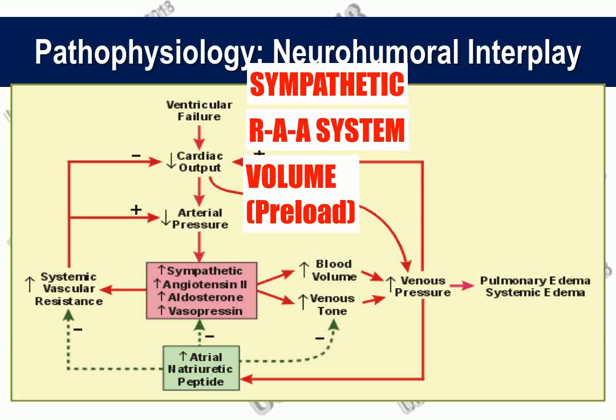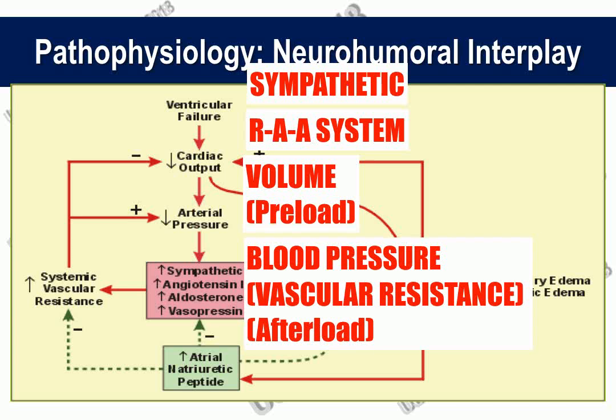And there's also the factor of the blood pressure, the vascular resistance that contributes to the afterload of your cardiac output. So knowledge of this pathophysiologic mechanism would make it more simple to remember the treatments that we give for heart failure.